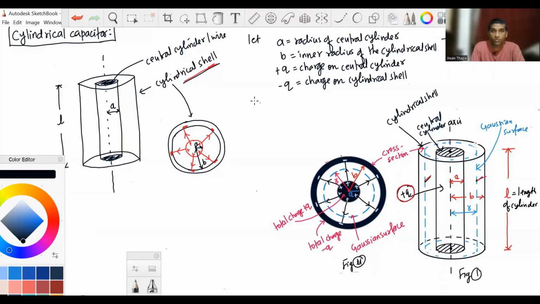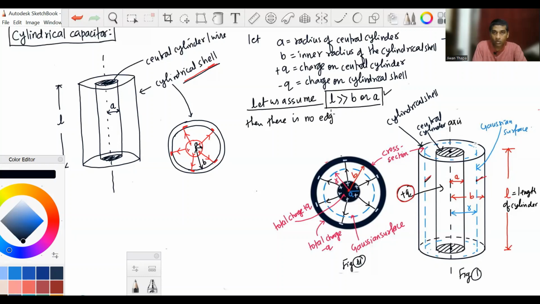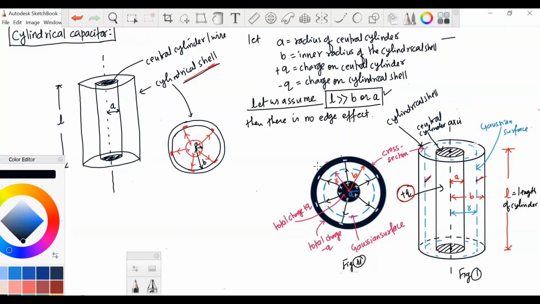Now, let us assume that the length of the capacitor L is very, very much greater in comparison to B or A. So this is the condition, or this is the assumption. We need to note this.